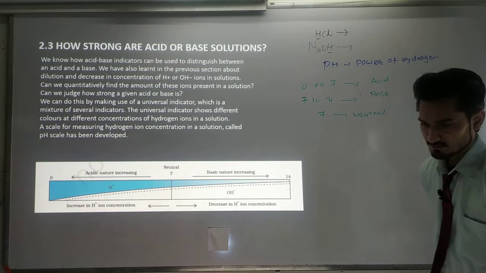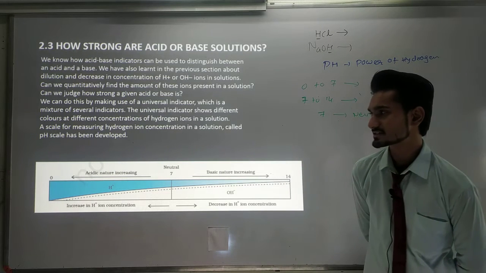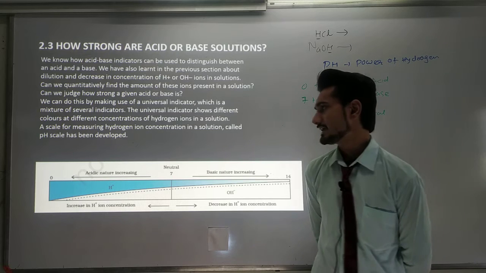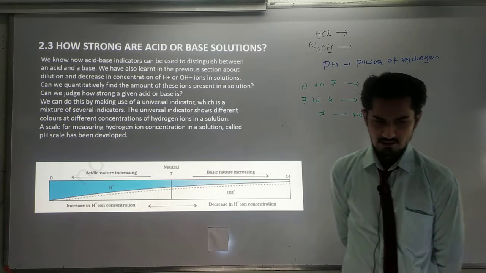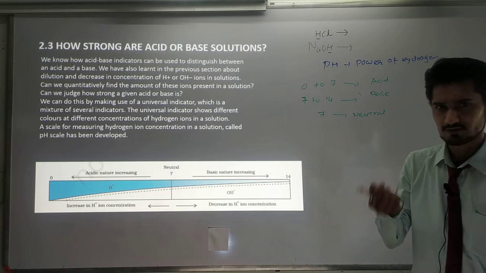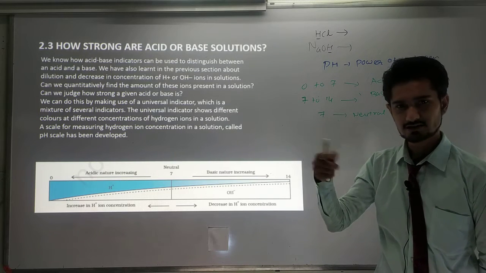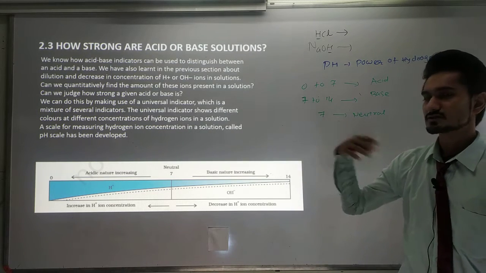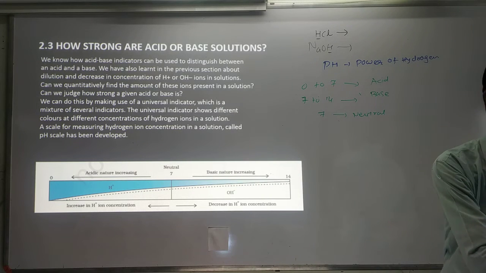This is the basic definition of the pH scale: a scale for measuring hydrogen ion concentration in a solution. If I measure the level of hydrogen ions in a liquid, that gives us the pH value, and we have to compare it with the pH scale.